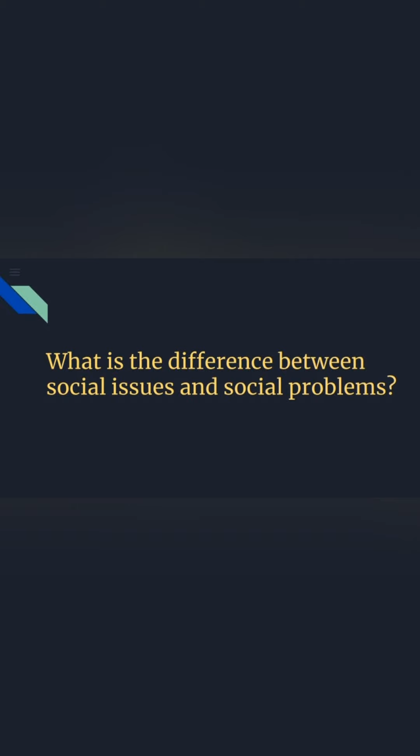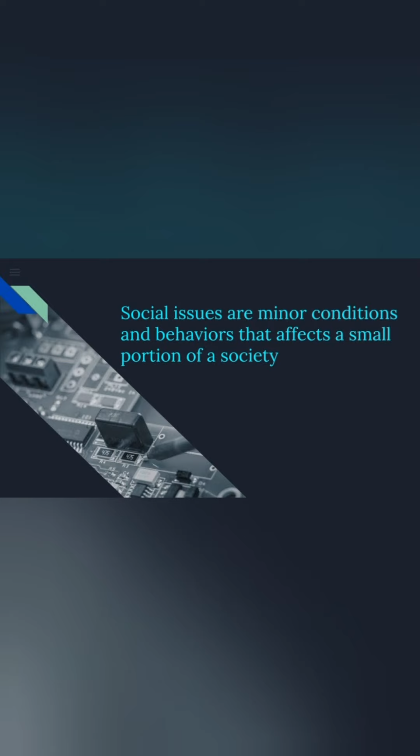Now, most persons normally use these terms to mean the same thing: social issues, social problems, right? But these are two different concepts and they can be separated in terms of their meaning. Now, what is the difference between social issues and social problems?